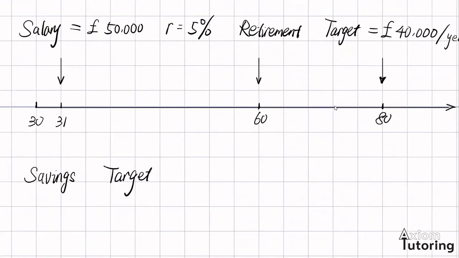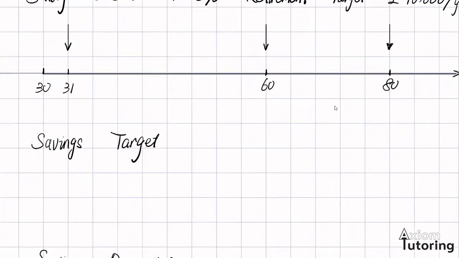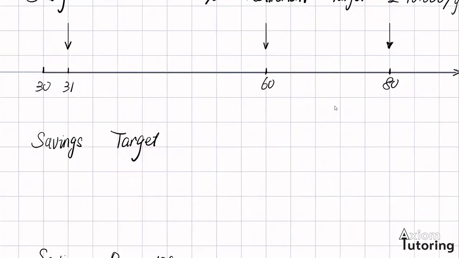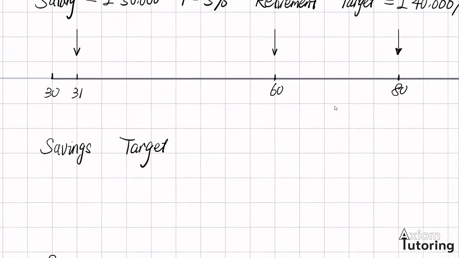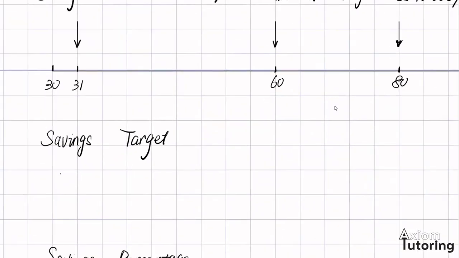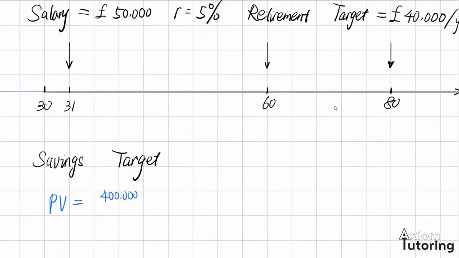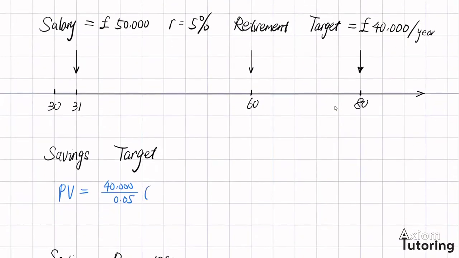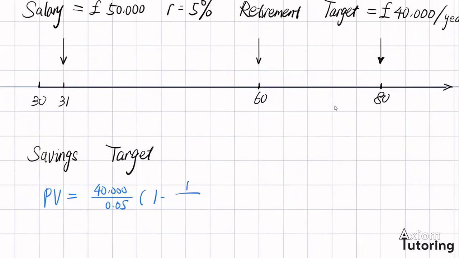So first we should calculate the savings target, which is the present value of the 20 years of consumption at £40,000 per year. So the present value of that retirement consumption can be calculated as follows. 40,000 divided by 0.05, times 1 minus 1 over 1.05 to the power of 20.